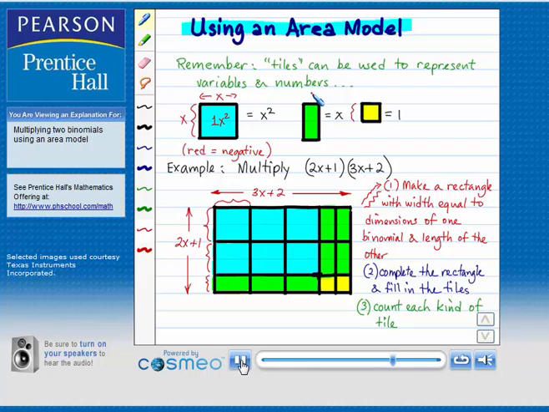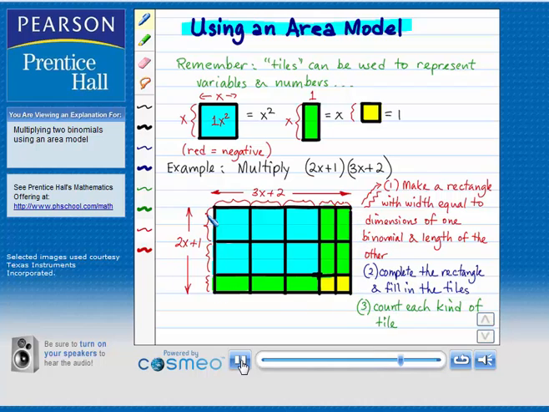Of course, the rectangle, the width would be represented by 1, and the length would be represented by x. It has the same length as the square has width. So for 3x, I make a length 3x long, and then plus 2 would be the width of two little squares. 1, 2.